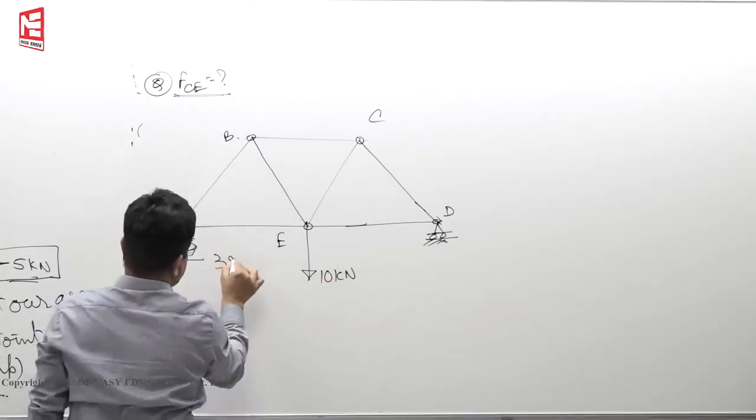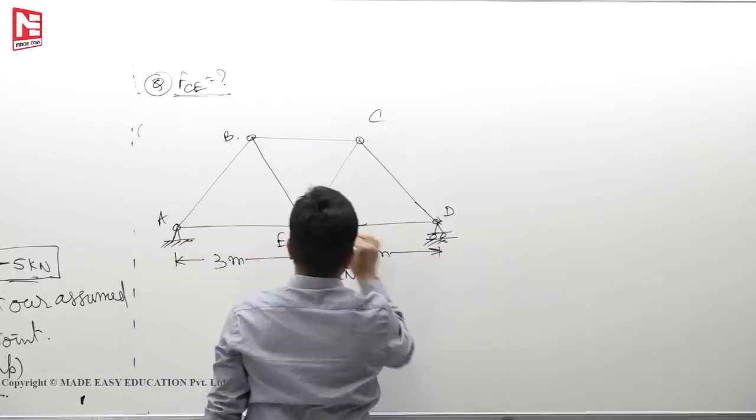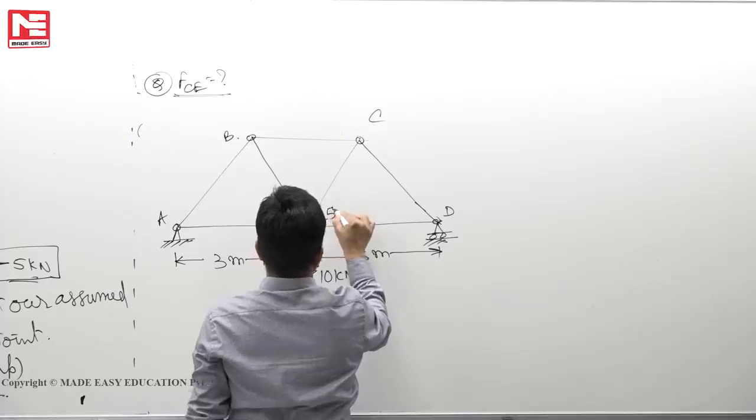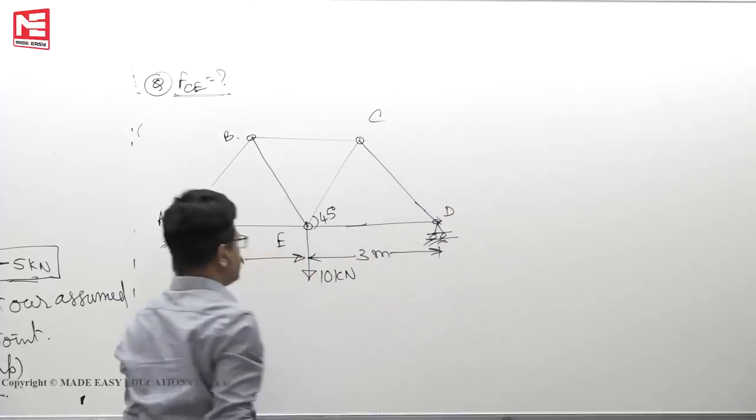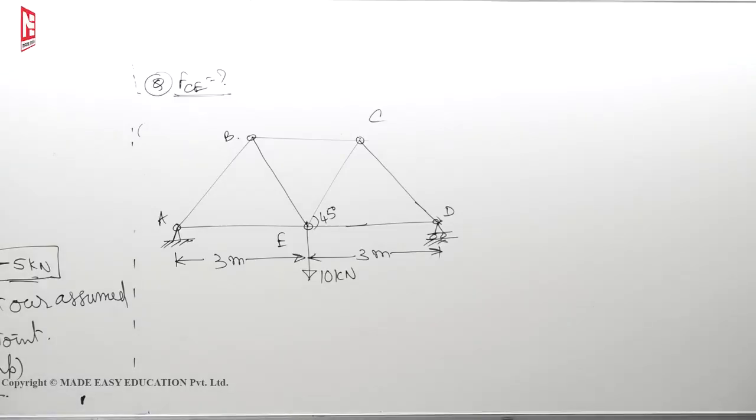This distance is 3 meters. This also 3 meters. Now assume that the angle of inclination is 45 degrees, so the height is 3 meters. Now we want to find the force in the member CE.